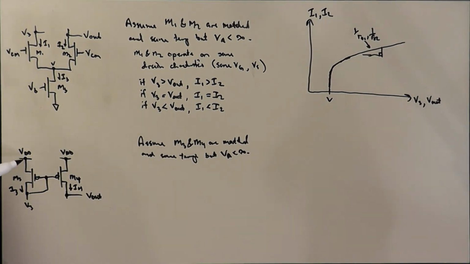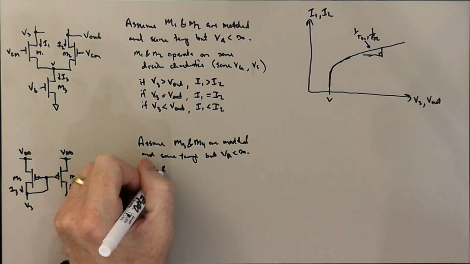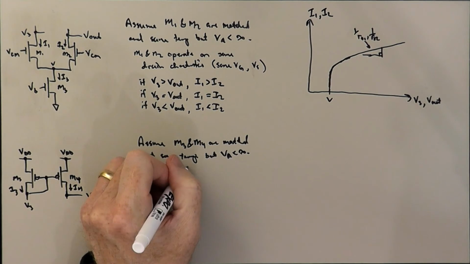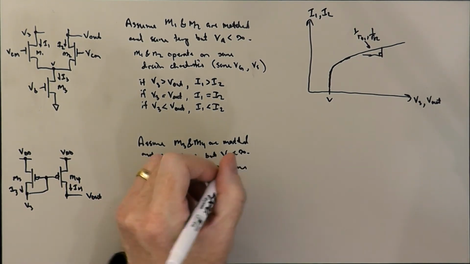Well, here again we have the situation where they have the same source voltage and the same gate voltage, and so they're going to be operating on the same drain characteristic as well. Right? So M3 and M4 operate on the same drain characteristic.